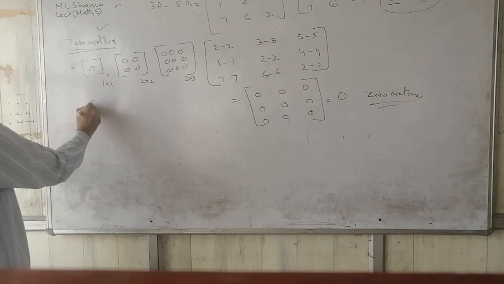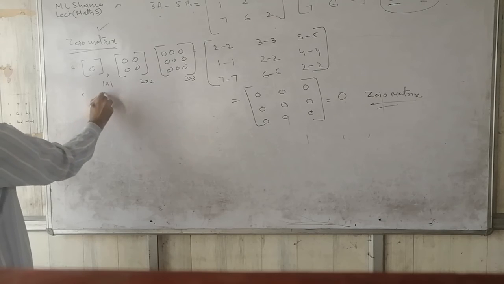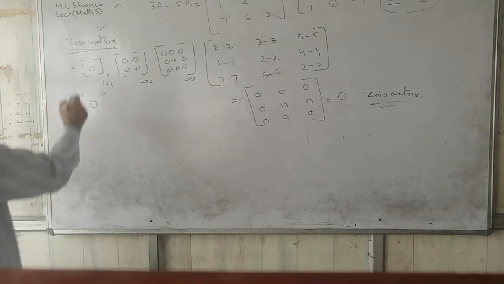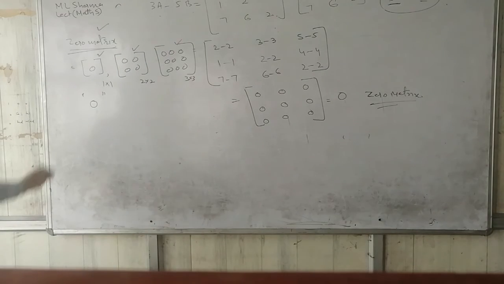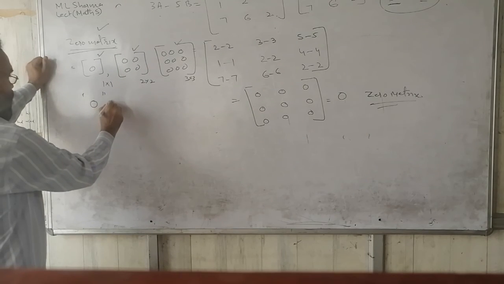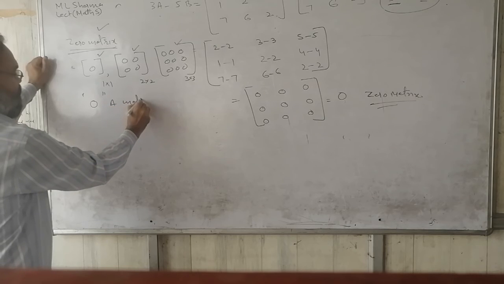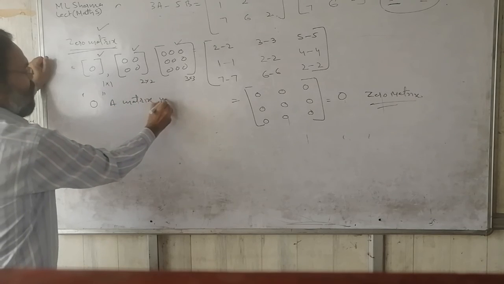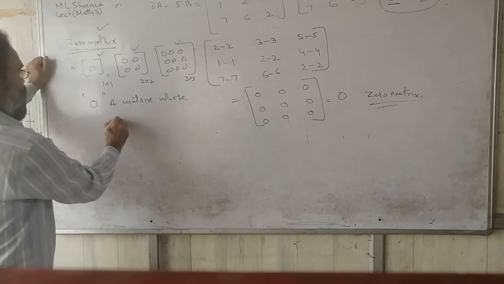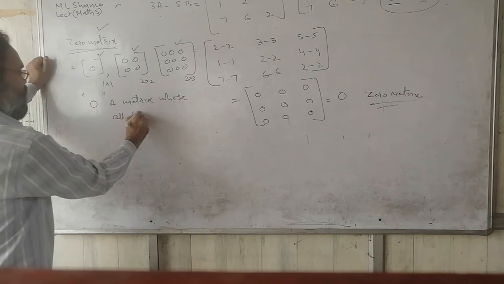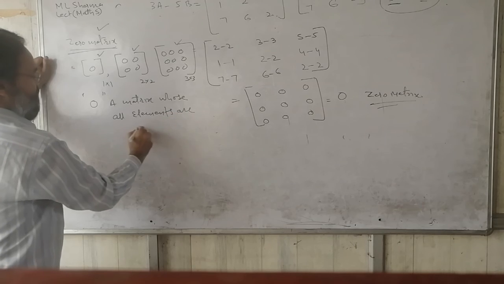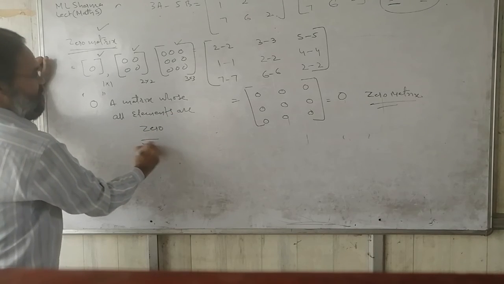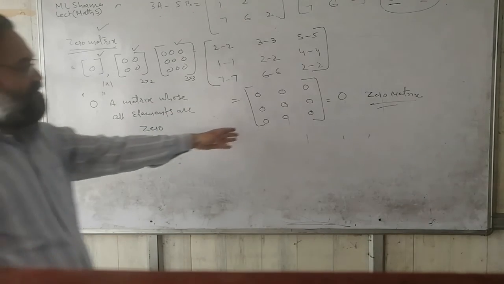The symbol for the zero matrix is 0. So a zero matrix is a matrix whose all elements are 0. This is called the zero matrix.